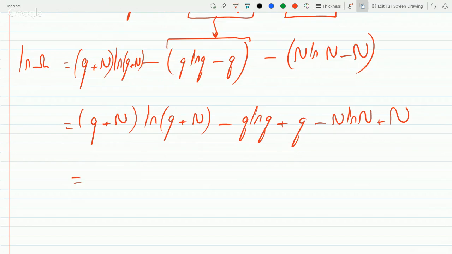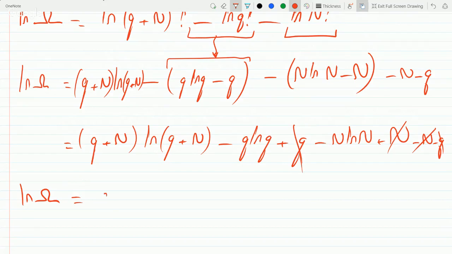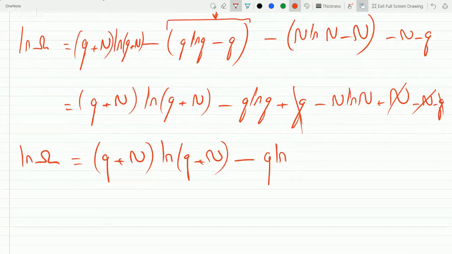Oh wait, I forgot the (q + N) term. So minus N minus q from Stirling's approximation of this one. So minus N minus q, minus N minus q. So these two go away, and we have ln of the multiplicity equals (q + N) ln (q + N) minus q ln q minus N ln N.